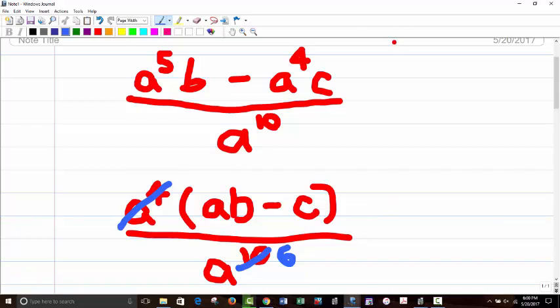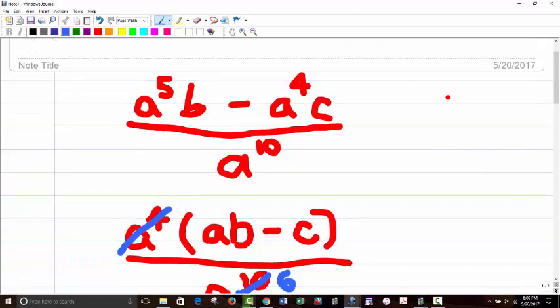Well, let me show you a quicker way to do this. It's mathematically correct, but it's a little faster. What I like to do if I ever had to simplify these is identify where the term with the lowest exponent is. Cancel it. Then take the other two exponents and subtract the exponent of the one you factored out.